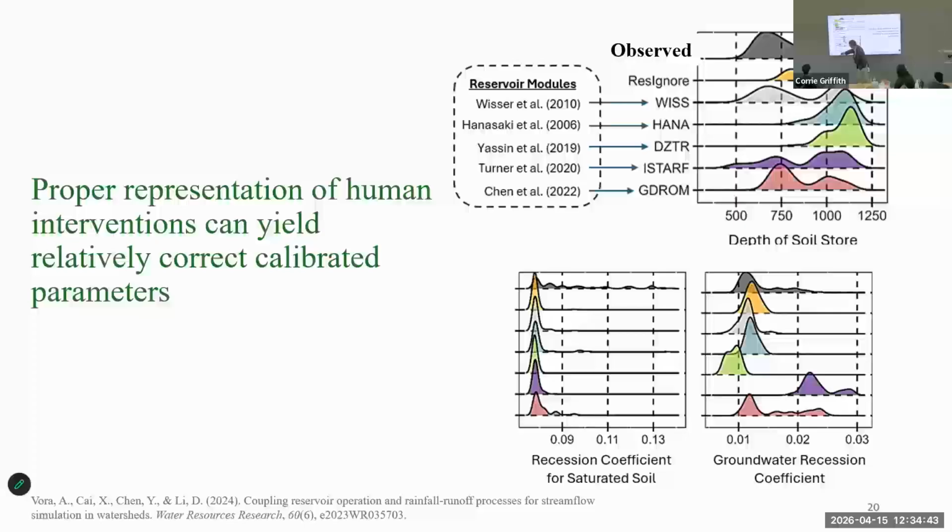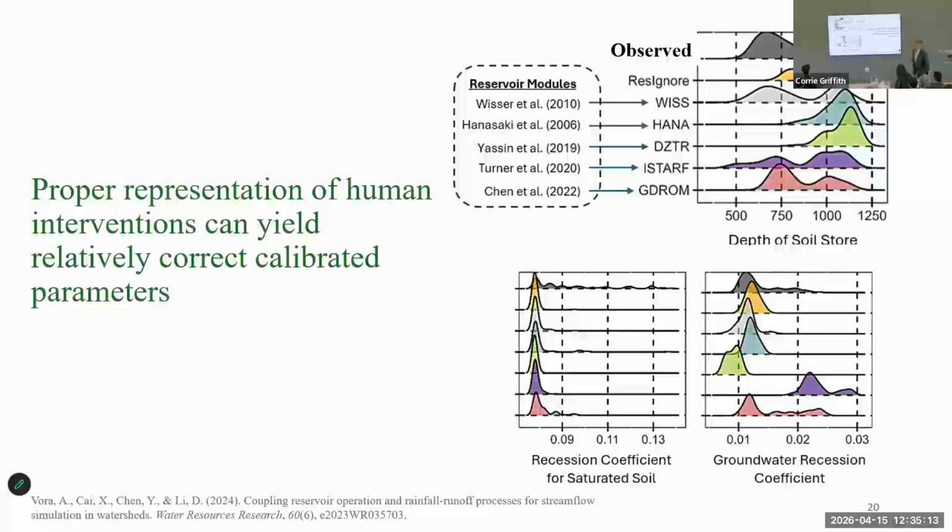For the groundwater recession coefficient, actually this one, we also found out with GDRAM, the calibrated parameter is more reasonable compared to others. Right? If we look at this one, this is ISTARF, right? ISTARF also is a widely used reservoir module today. So you can see that their model ends with quite a big shift compared to the observation.